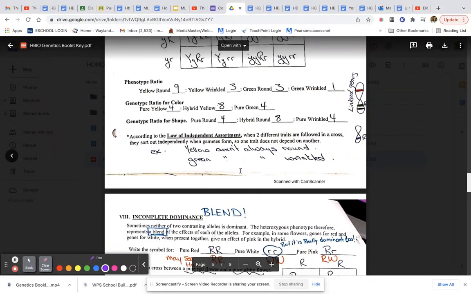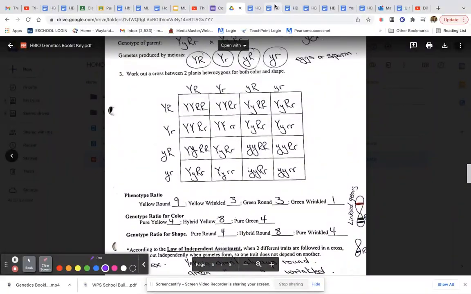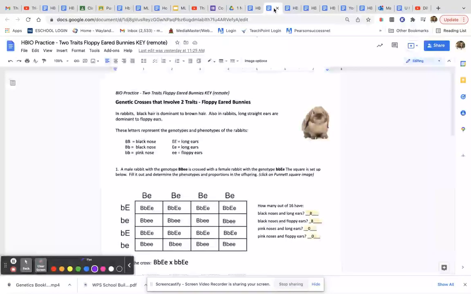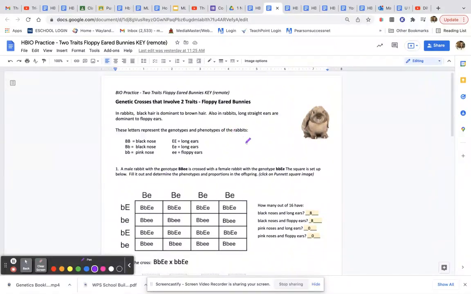Clear screen. Okay, now we're not going to do this, but I'm going to start you off with the floppy bunnies. I'm going to give you this one to do. So we have floppy-eared bunnies. In rabbits, black hair is dominant to brown hair, and long straight ears are dominant to floppy ears.